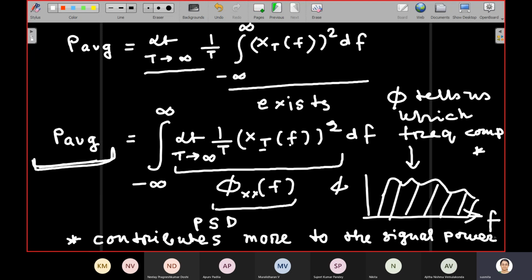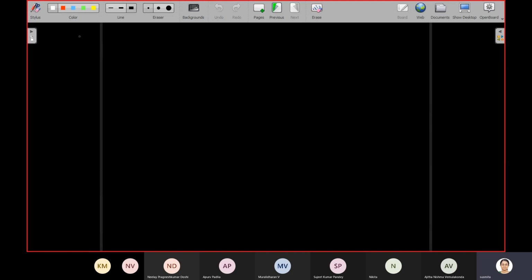Now we also need to define the power spectral density in a little different way for a random process. So for a random process, the PSD phi is given as follows.